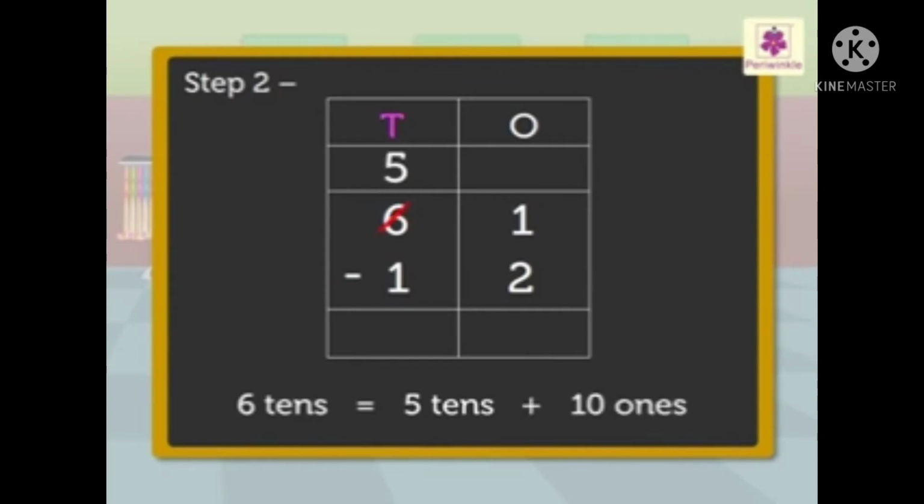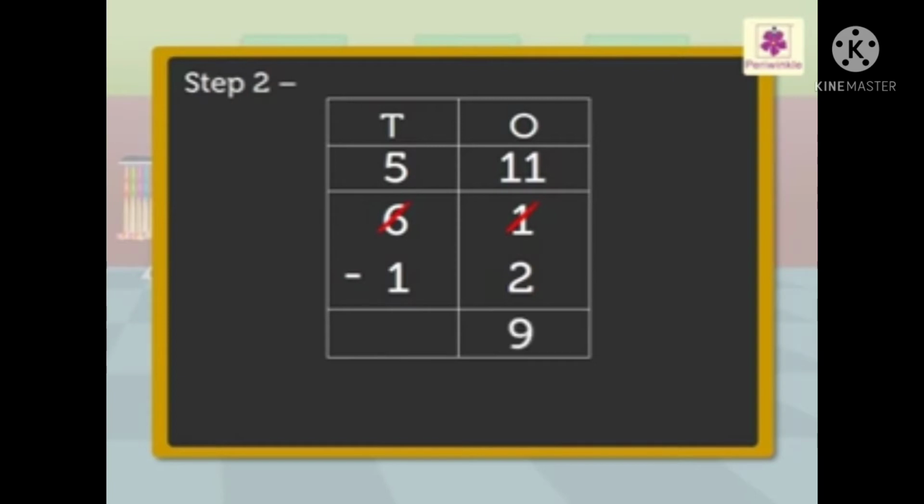Write 5 in the tens column. Add 10 plus 1 to get 11 ones. Write 11 in the ones column. Now, subtract 11 minus 2 to get 9 ones. Write 9 in the ones column.